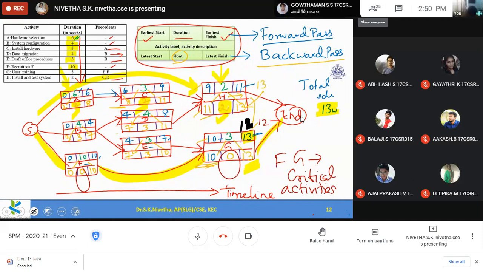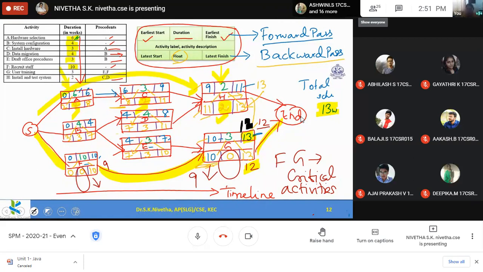Activity F requires 10 weeks. In this part, we cannot reduce it anymore. Because 13 minus 3, if I have to complete it in 12 weeks, becomes 12. 12 minus 3 becomes 9. And F should be completed during the 9th week. But F requires 10 weeks. How can I complete before 10? It is expected to complete in the 9th week, so I have to appoint extra people.